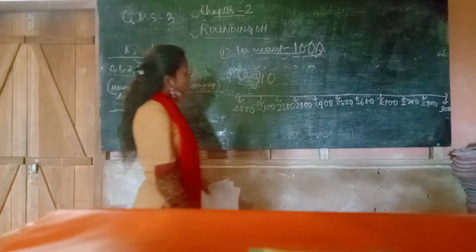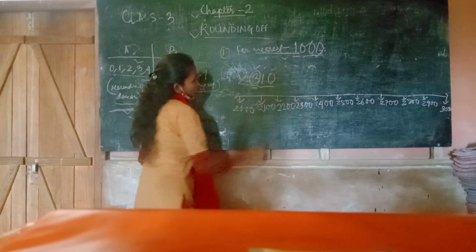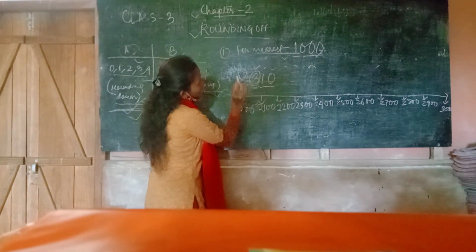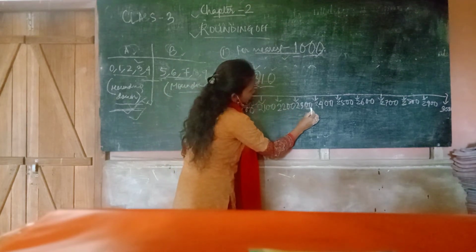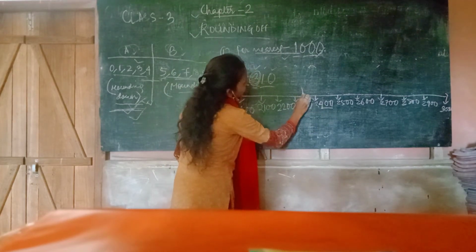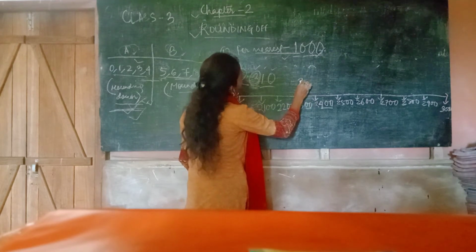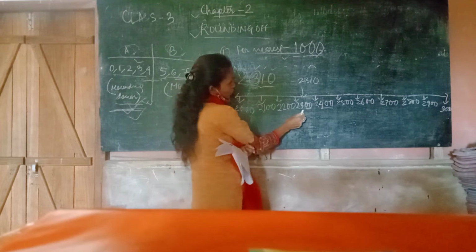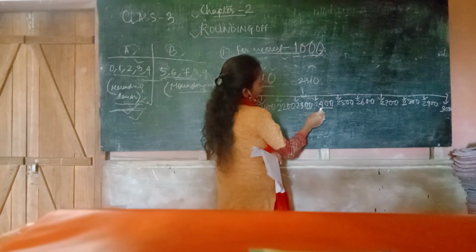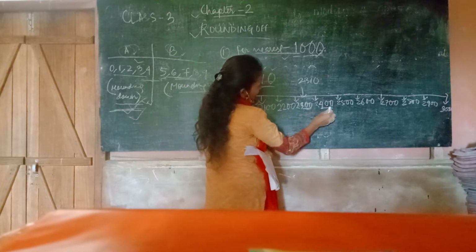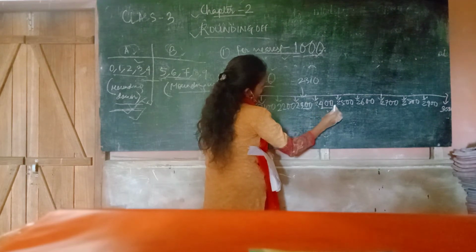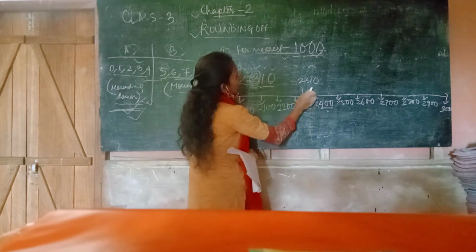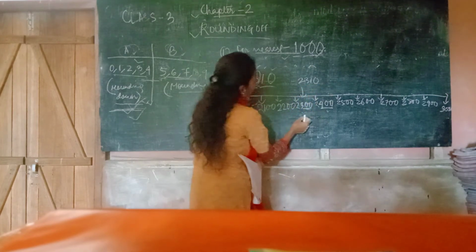So 2310 lies between 2300 and 2400. It is greater than one and less than the other.